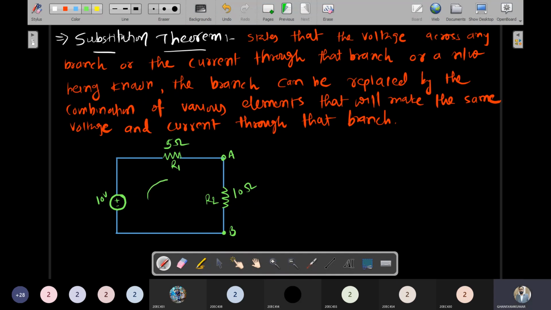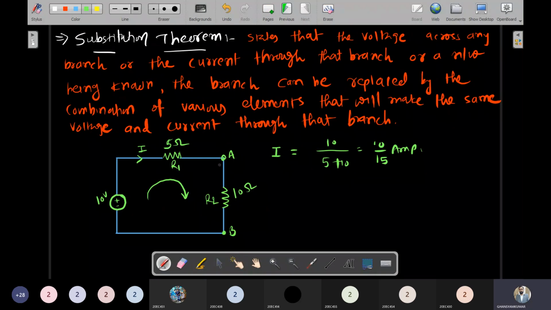To get it I need the current I flowing this way. I equals V by R, that is 10 divided by 5 plus 10, so 10 divided by 15 ampere.